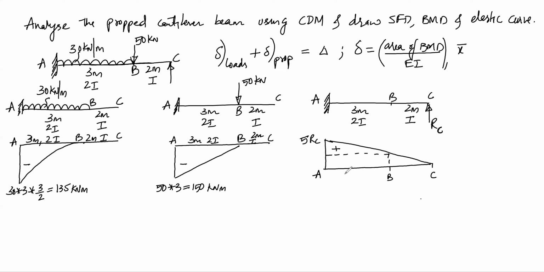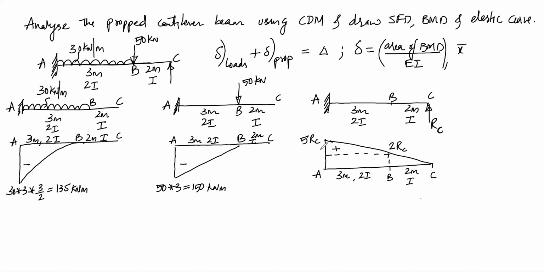So A to B, this will be 3 meters and 2I, and B to C will be 2 meters and I. So at this point B, the moment will be 2 times RC. So this will be 2 times RC.